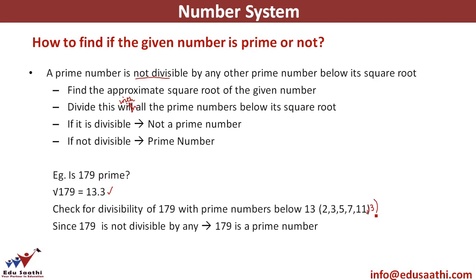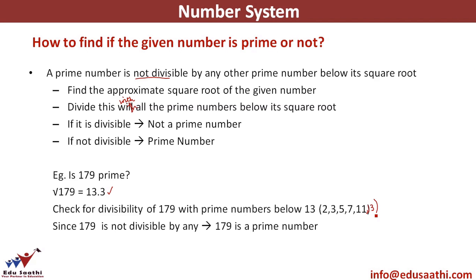I'll only check below the square root, because if it's not divisible by any prime number below its square root, it will not be divisible by any prime number or any other number above its square root as well. That is the concept of factors, which we'll understand as we move on in the presentation.